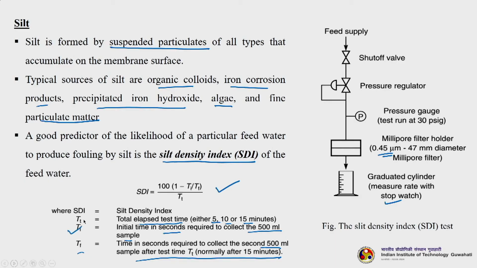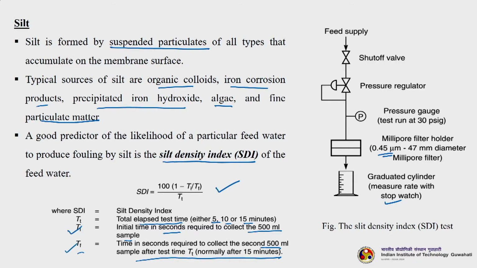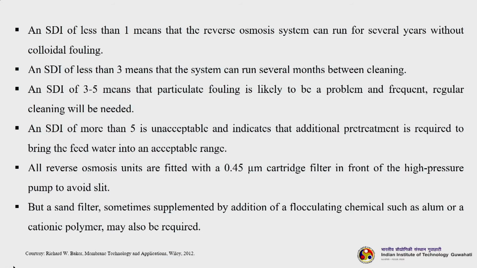The second thing is that you give it some time, then again start collecting 500 ml after 15 minutes, and the time required to collect that 500 ml is given by Tf, and Tt is the total elapsed time. It can be either 5, 10 or 15 minutes depending upon the procedure you are adopting.